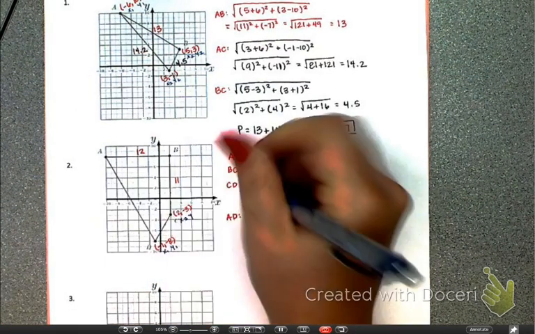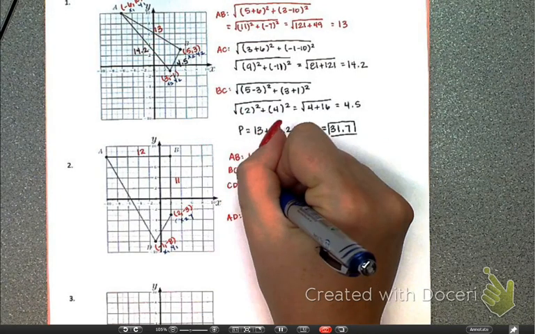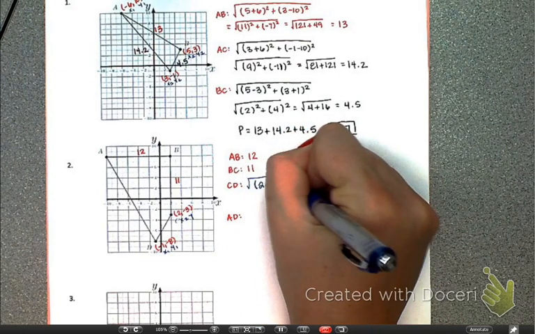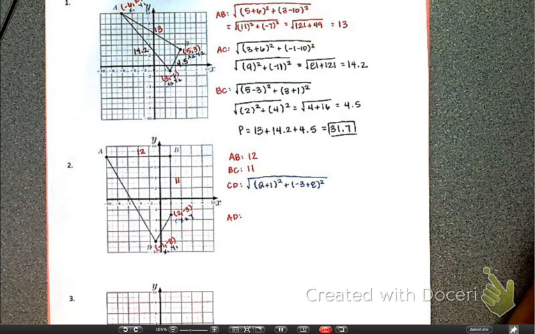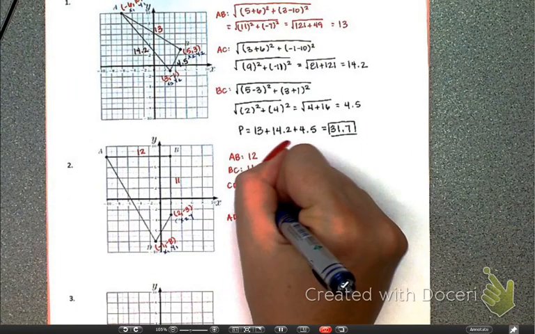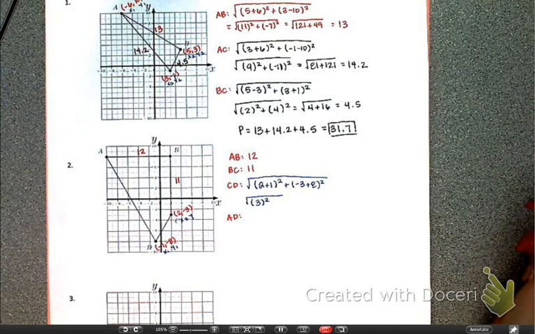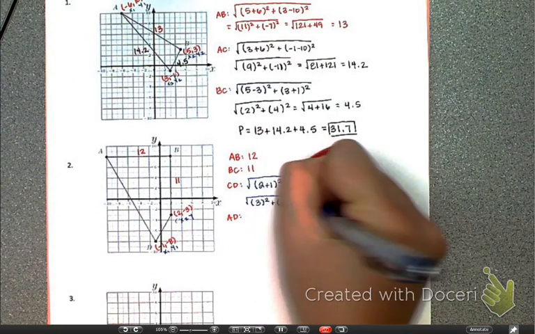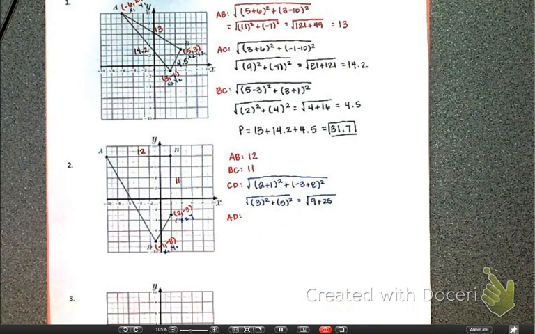So when you plug it in, you should have 2 plus 1 squared plus -3 plus 8 squared. 2 plus 1 is 3 squared. -3 plus 8 gives you 5 squared. So you should have 9 plus 25 underneath the radical.